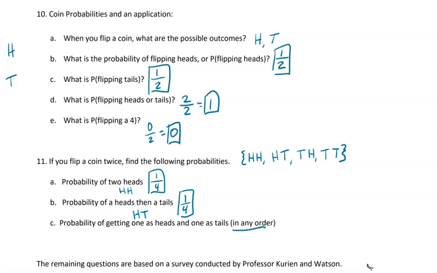The in any order is important because that means it could either be heads then tails or tails then heads. Both of those satisfy that. So that'd be 2 out of 4 or 1/2.